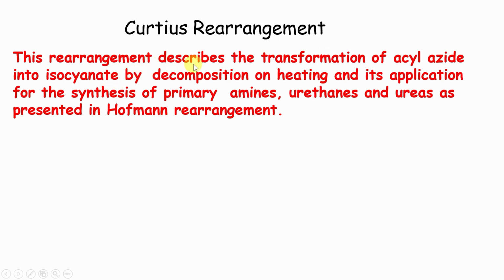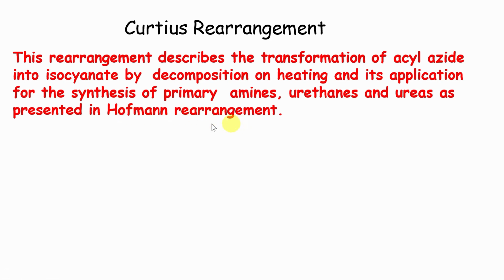This rearrangement describes the transformation of an acyl azide into isocyanate by decomposition on heating and its application for the synthesis of primary amines, urethanes, and ureas as presented in Hofmann's rearrangement.